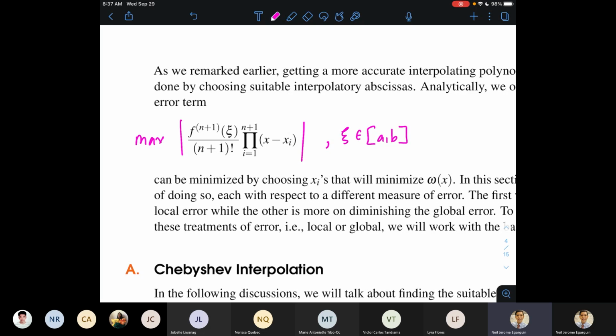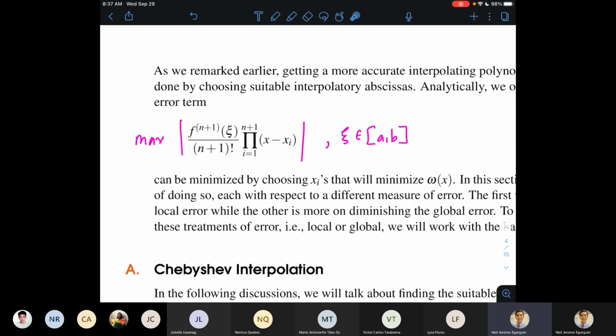Because if we get the maximum absolute value of this expression, we are getting the worst case error. So kaya ang tawag natin lagi sa error estimates natin ay error bounds. Kasi kinukuha natin yung pinakamalaking posibleng error because it's more insightful to look at the worst case scenario or the maximum possible error than looking at the minimum possible error.